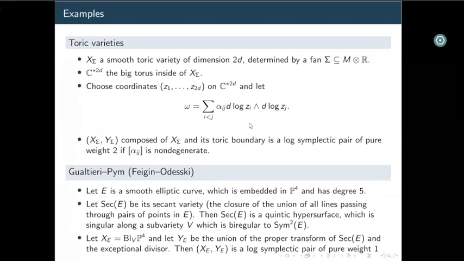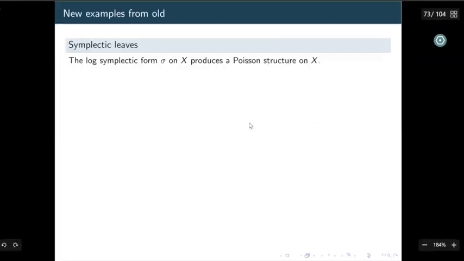If you take the pair consisting of this blow up along with the divisor consisting of the proper transform of the secant variety of E and the exceptional divisor, the corresponding pair is log symplectic of pure weight 1. So you start to see that, in pure weight 1, there's always going to be an elliptic curve or something like an elliptic curve floating around. This is kind of the philosophy here. Okay, good. This is my example.